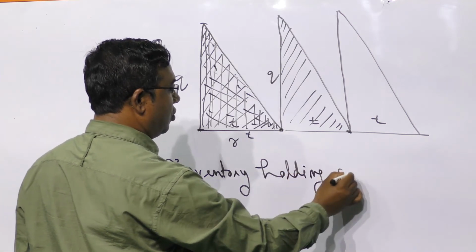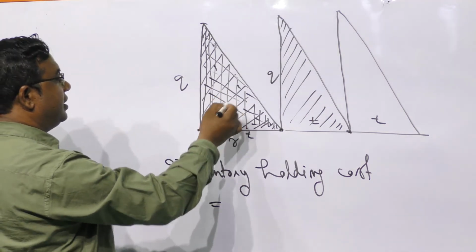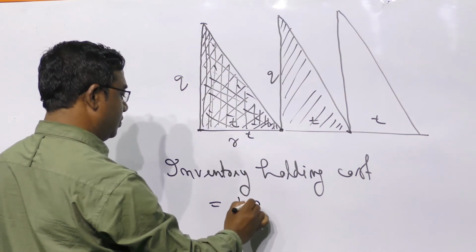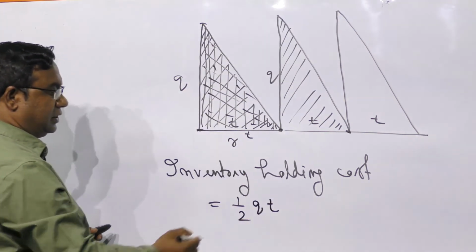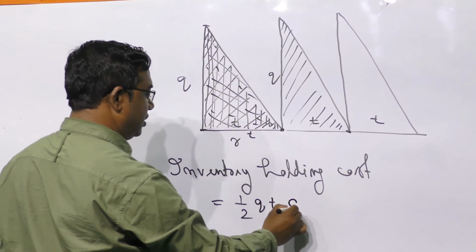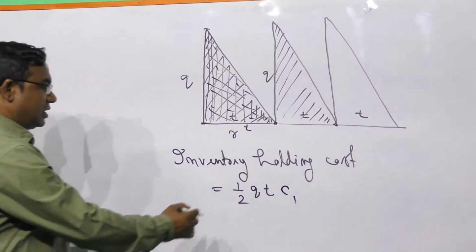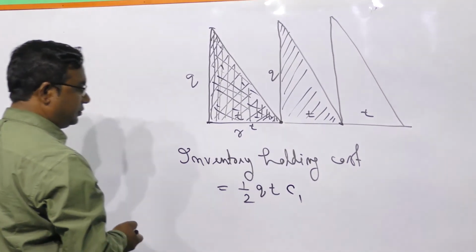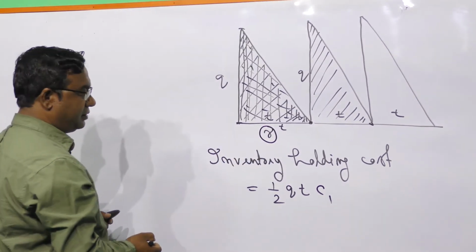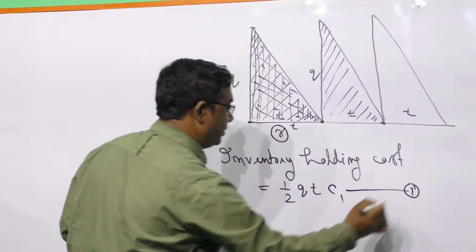The area of this triangle is half, base into height, with height Q and base T. This is the stock level into C1, where C1 is the inventory holding cost per unit item. So this is the inventory holding cost. Then this small r is the demand rate per unit time. So this is equation number 1.